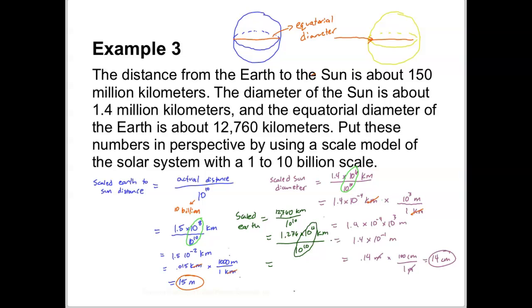Divide these out, we get 1.276 times 10 to the negative 6 kilometers.